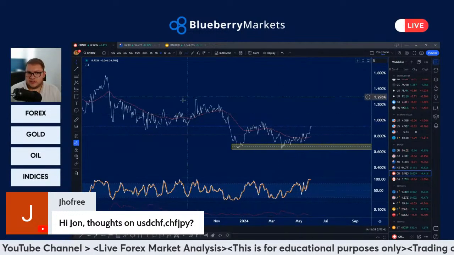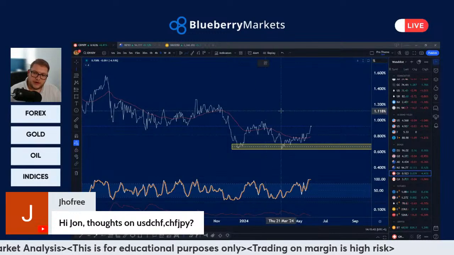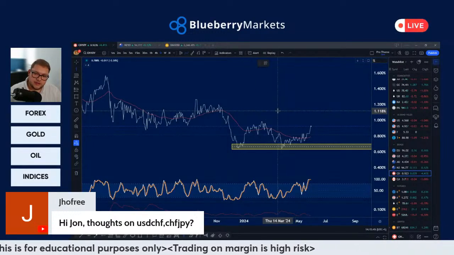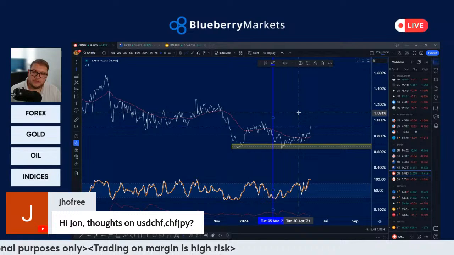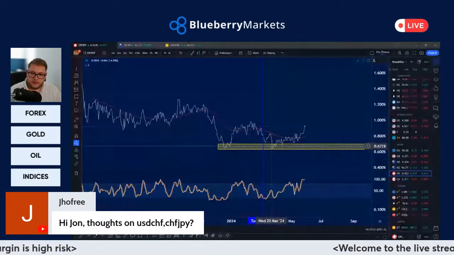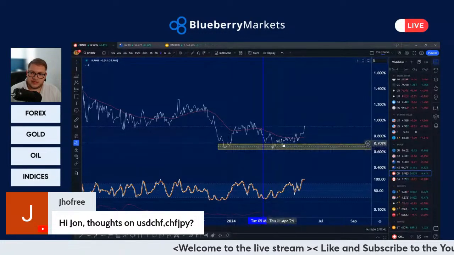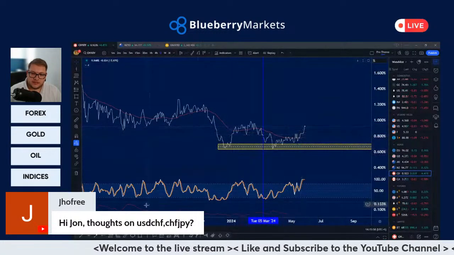The Swiss National Bank cut rates in March around this time here, and we saw a decline in those bond rates down towards the lows formed back in December of 2023. But now we're starting to move higher again.